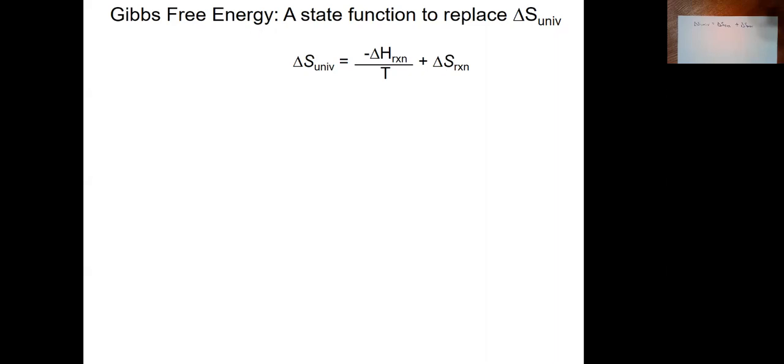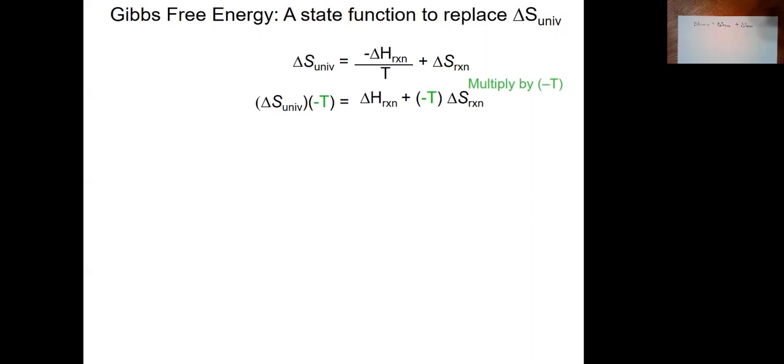Bear with me, it's not too painful. If I take my second law equation right there and multiply both sides by negative T, I get delta S universe times negative T plus negative T times negative delta H reaction over T, that ends up just becoming delta H of the reaction, plus negative T times delta S of the reaction.